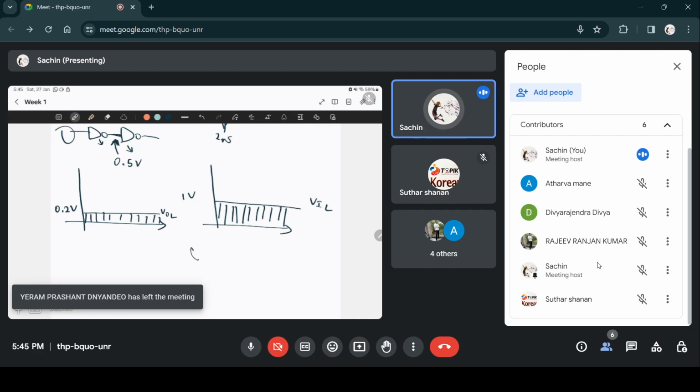So what the second guy sees is 0.7 volts now, right? That is the input to the second guy. But since VIL is 1 volt, this is still below 1 volt. So the second gate still thinks that it is a low volt. So there's no real problem that is caused by adding 0.5 volts here.